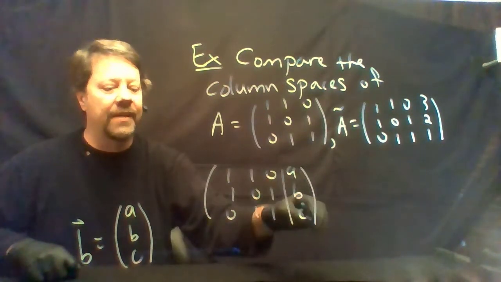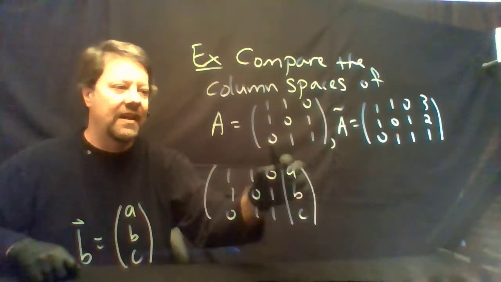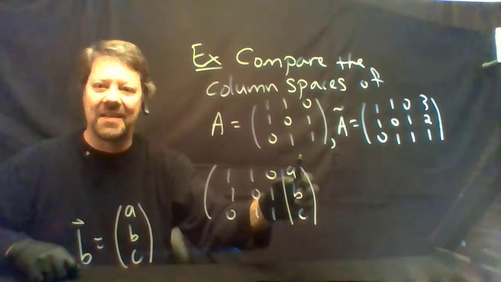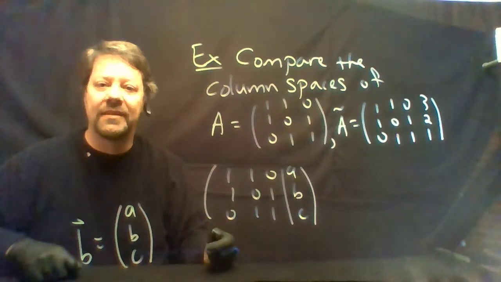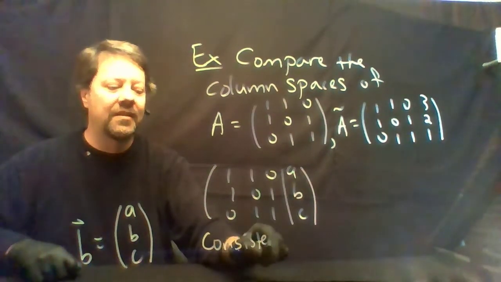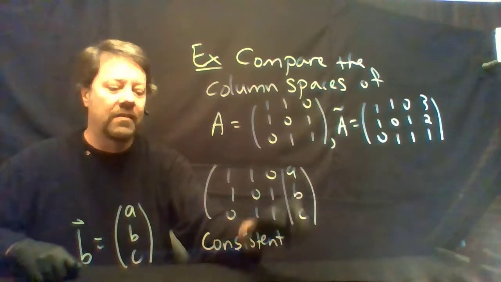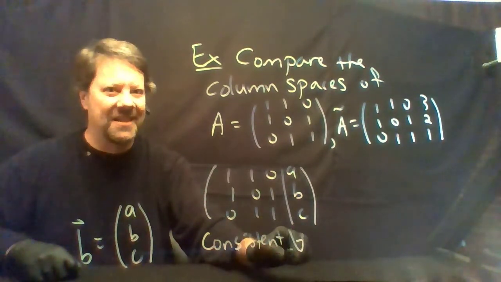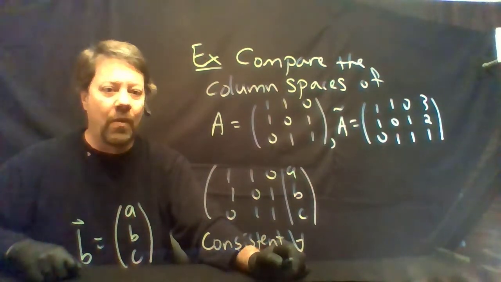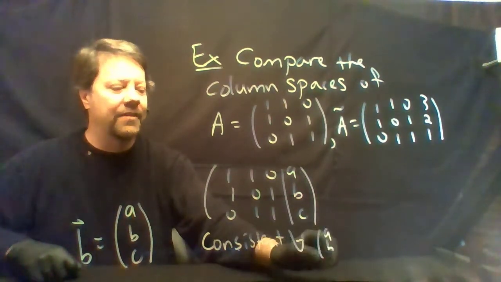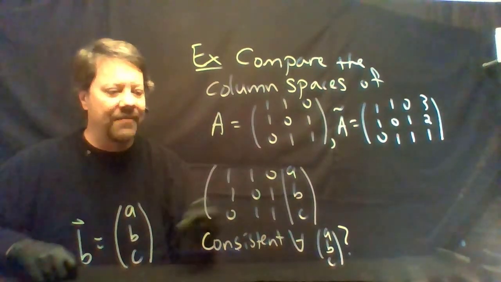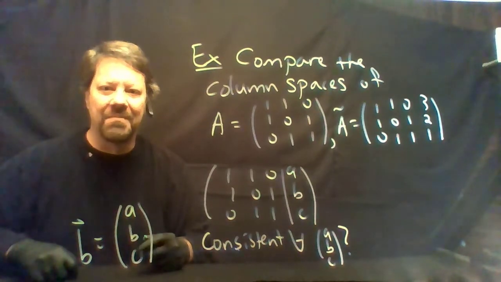Every vector in R3 can be expressed as a linear combination of the columns in the matrix A. Let's see if that's true. Is this system consistent for all vectors A, B, C, where the upside down capital A is the logical quantifier for all? That's our question. All we have to do is find the reduced row-echelon form.